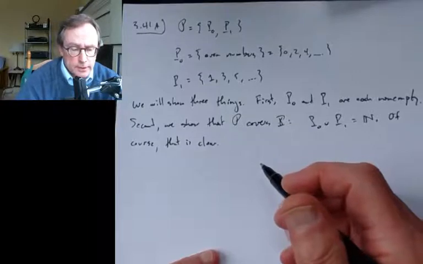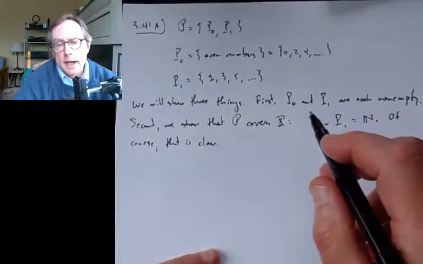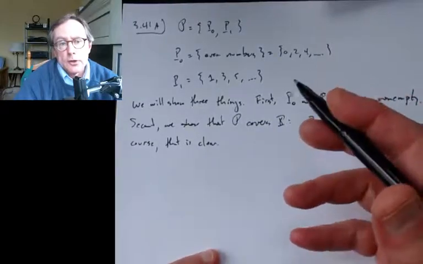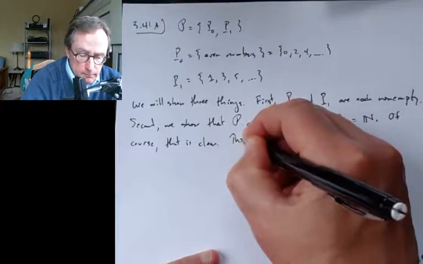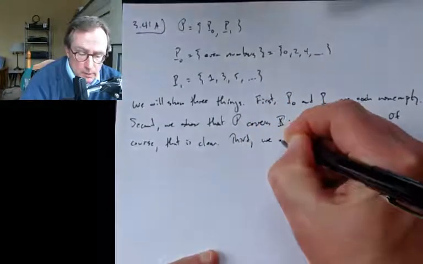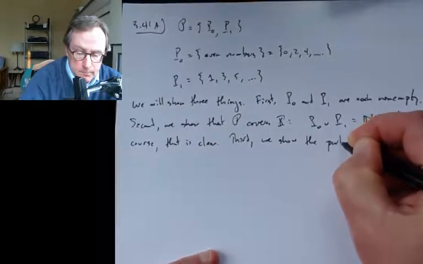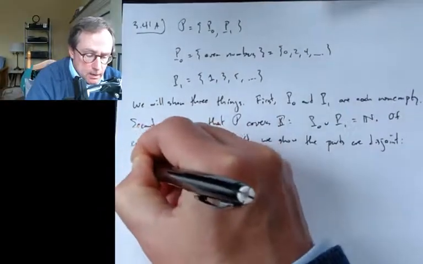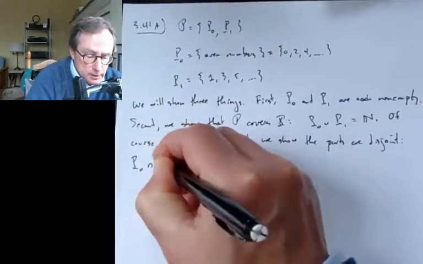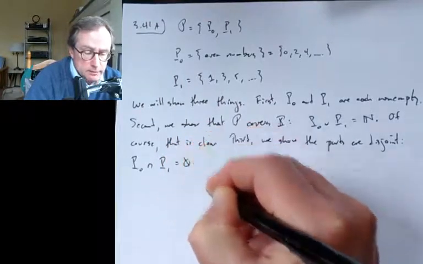And then the third thing that we want to show is that the two don't overlap, that is to say they are disjoint. We show the parts are disjoint. And again, I'm not going to show anything because nobody in the room needs convincing of that. The intersection is the empty set.